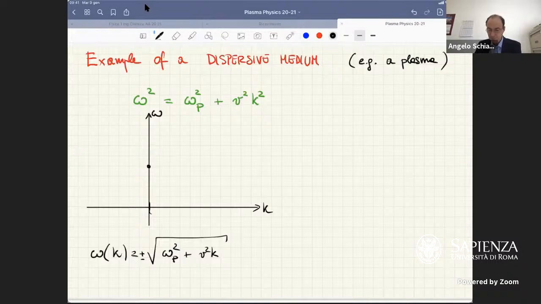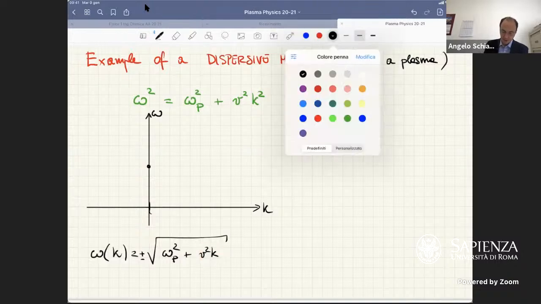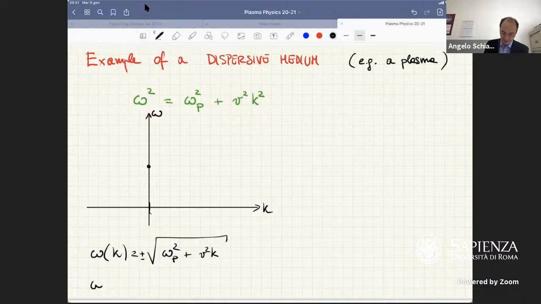And then as k goes to infinity, this term drops, and let's write this just to study. Omega for k equals 0 is equal to omega p, and for k that goes to infinity, omega goes like plus or minus v times k.